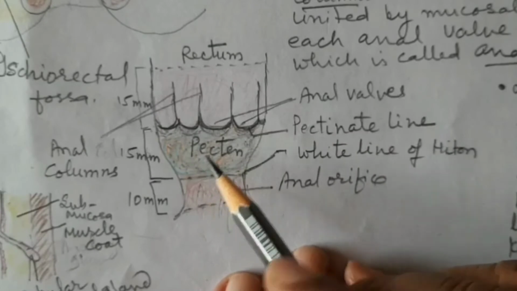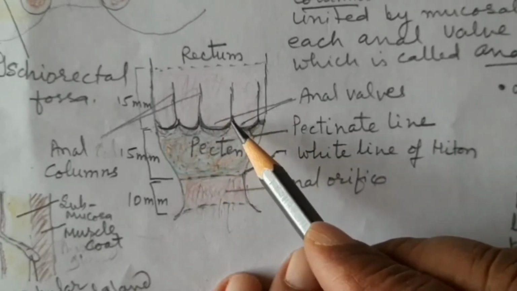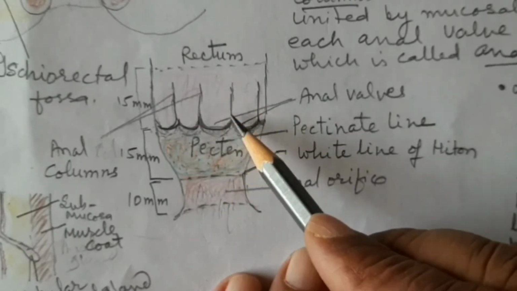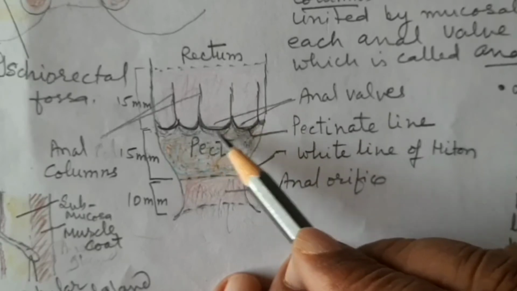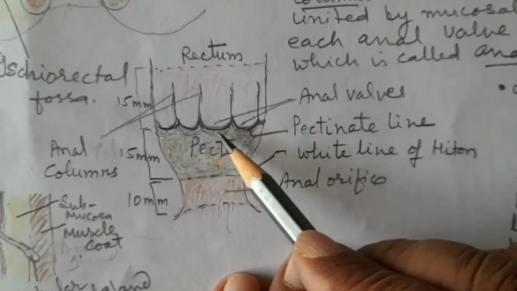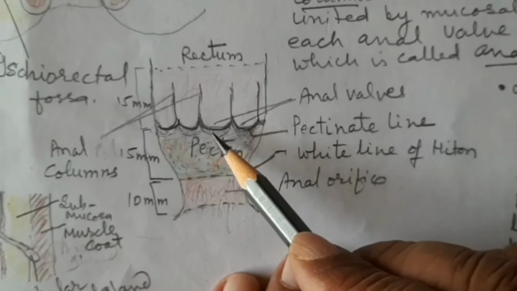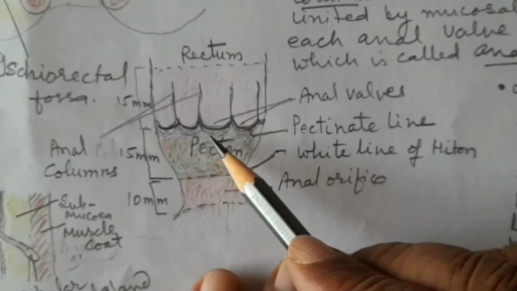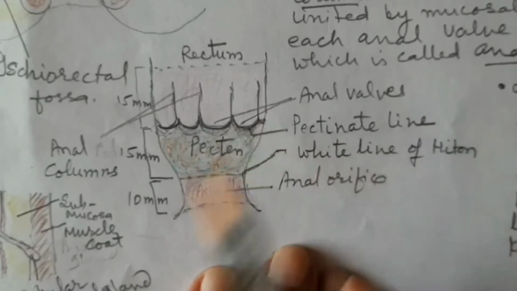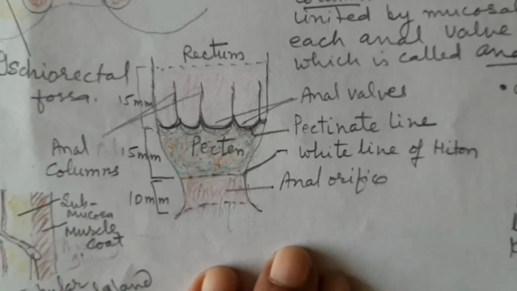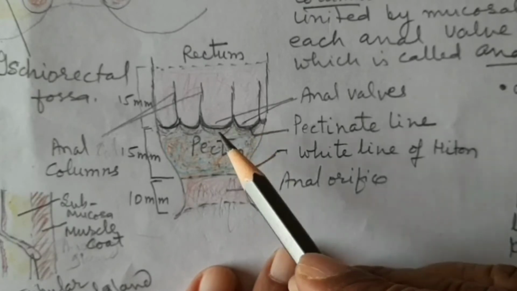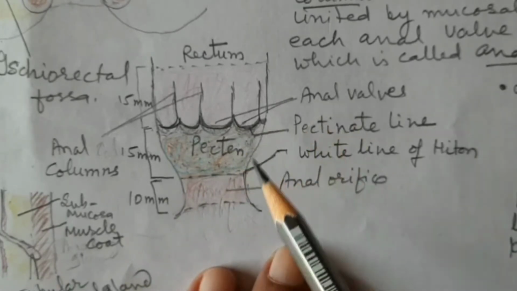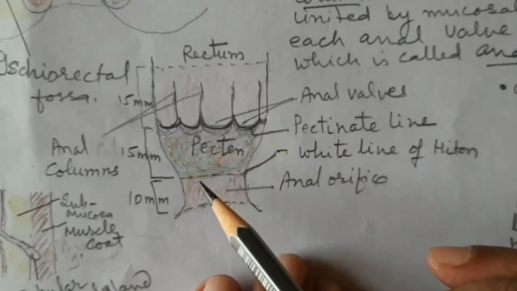What are anal valves? Anal valves are nothing but, at the lower end of the column, the mucous membrane of the column becomes folded and concentric in shape and forms a wall-like structure. If you have learned the heart, the tricuspid valve, aortic and pulmonary valves, are exactly similar to that.